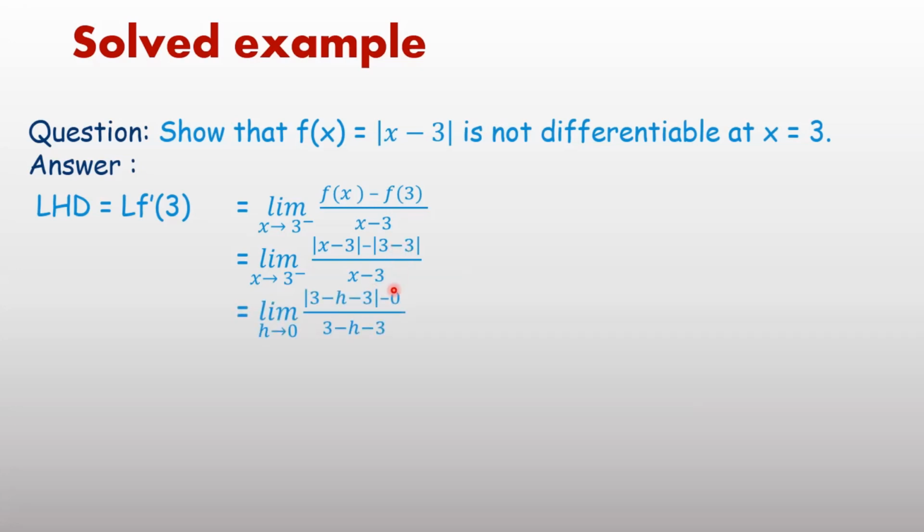Mod of 3 minus 3 means 0, and x tends to 3 minus means put x equal to 3 minus h. In place of x write down 3 minus h, and the denominator again 3 minus h. Further simplify, h tends to 0, mod of minus h upon minus h, and mod of minus h is h. Limit h tends to 0, h upon minus h equals minus 1. The left hand derivative at x equal to 3, after solving, you are getting as minus 1.